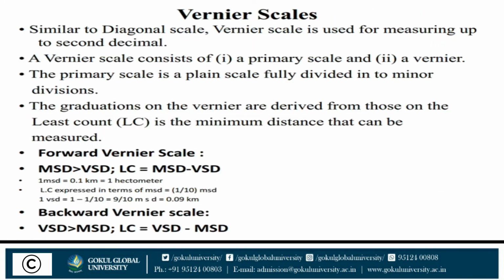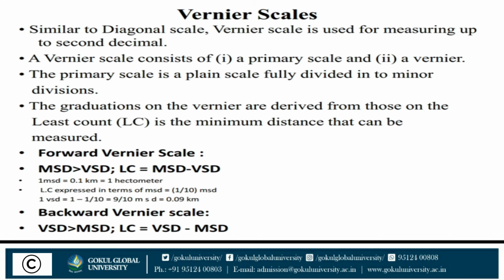Now the third scale, the vernier scale. Similar to the diagonal scale, a vernier scale is used for measuring up to the second decimal. A vernier scale consists of first a primary scale and second a vernier scale.